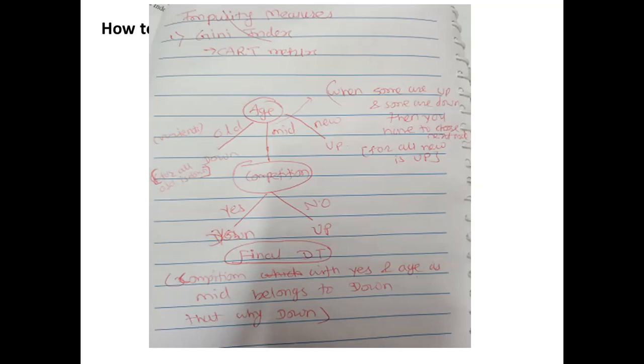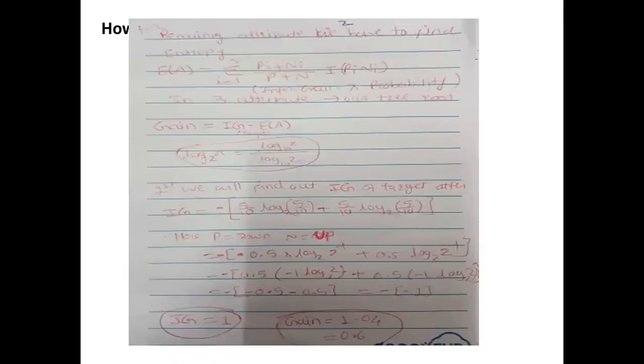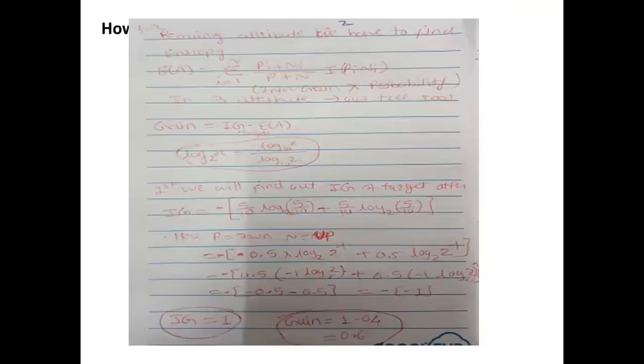Now how does it become so? See here in the database, if you consider age as old, for all three, how many times does it appear? 3 times. So for all three old age, the profit value becomes down. Same value is there. That's why we have mentioned down over here.